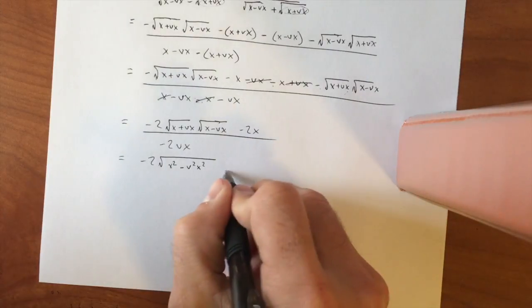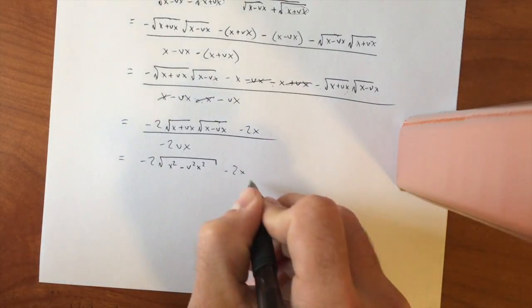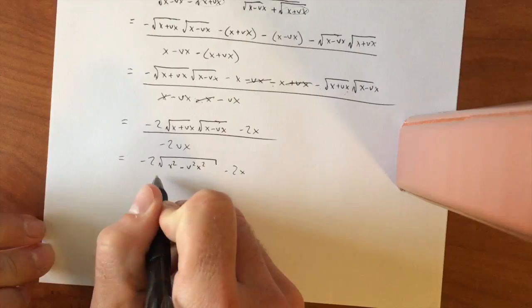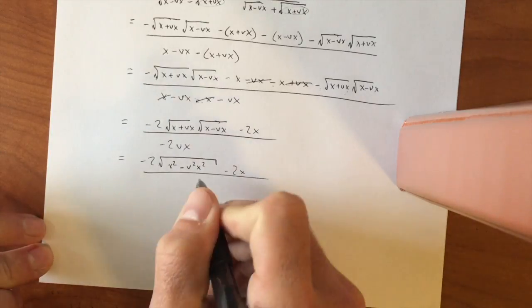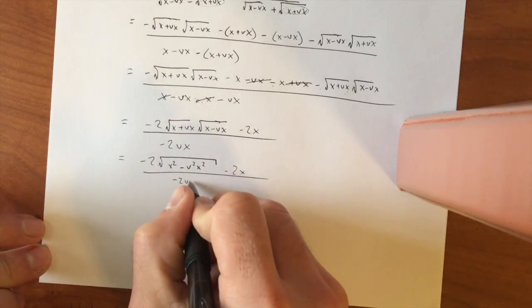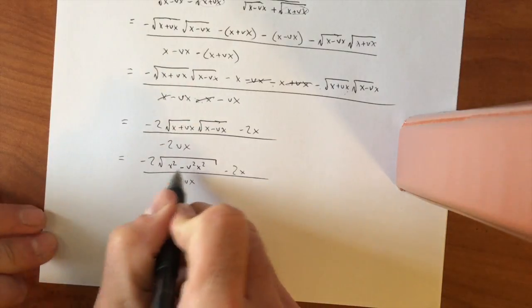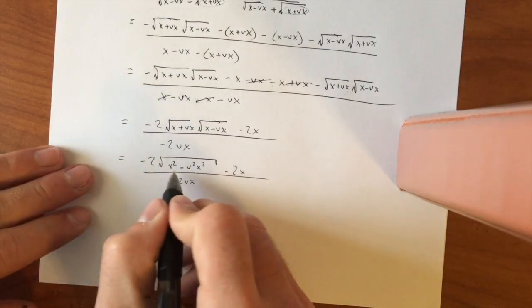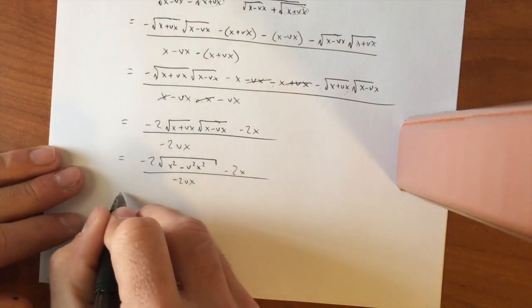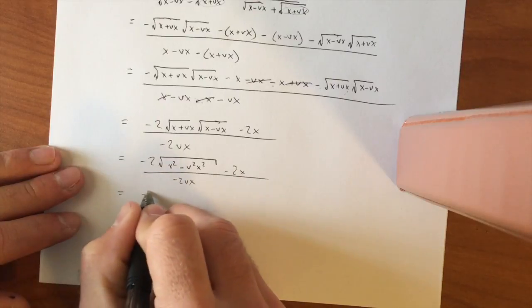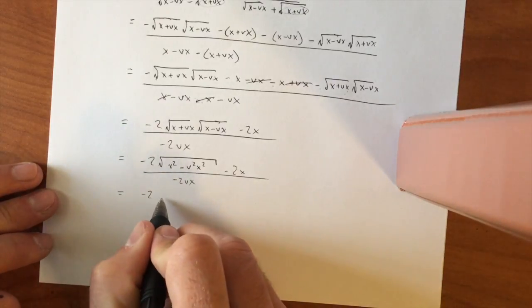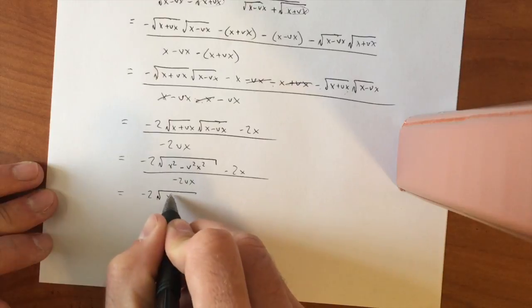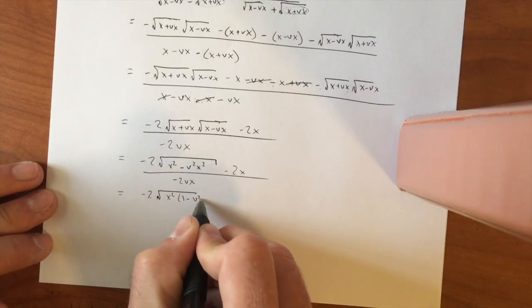And then, of course, we can close that and negative 2x on the end. And our denominator of negative 2vx. Furthermore, we can pull out an x squared out of this radicand, our factor, negative x squared, or an x squared. So we'll have an x squared times 1 minus v squared.